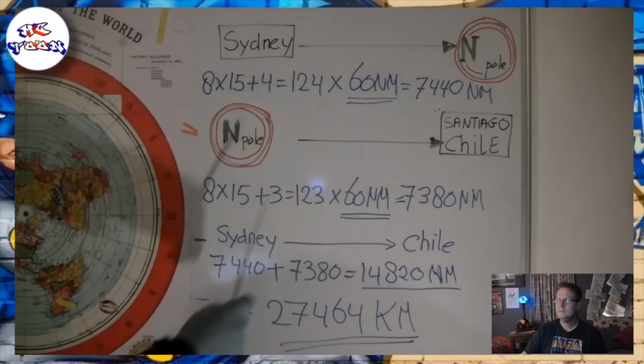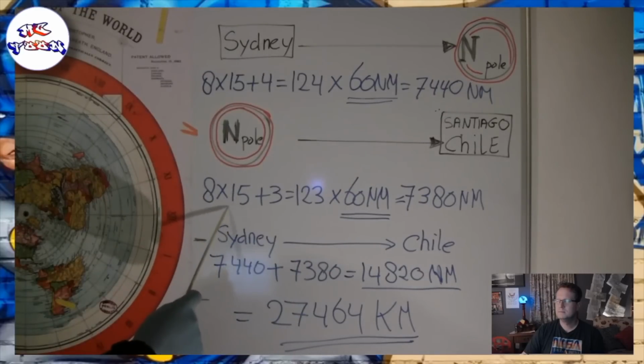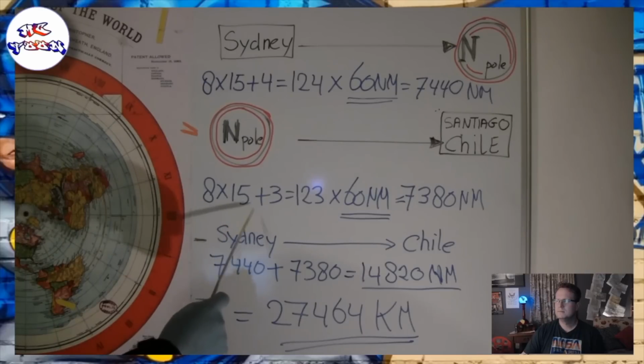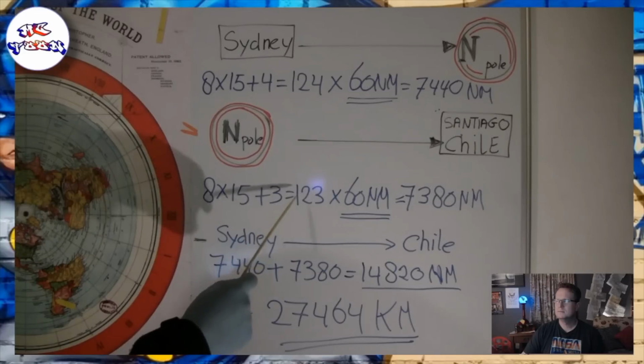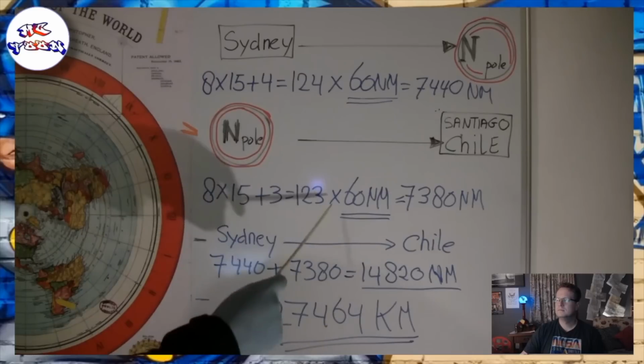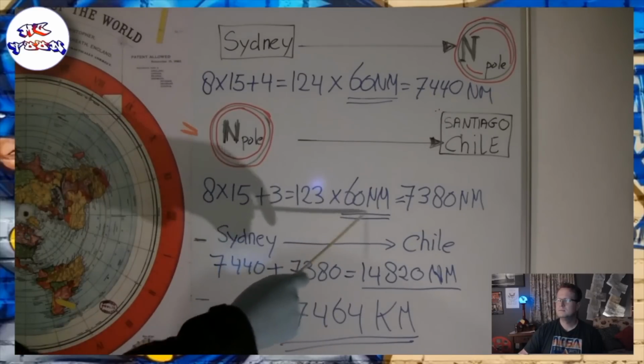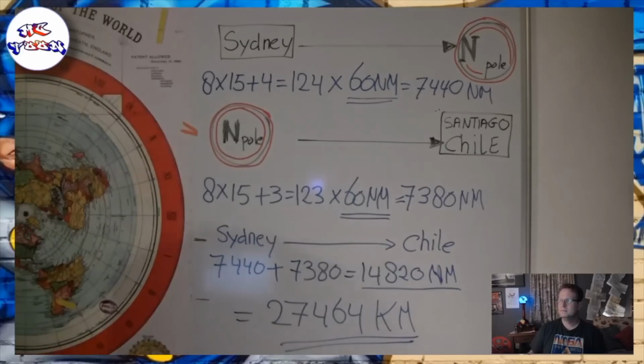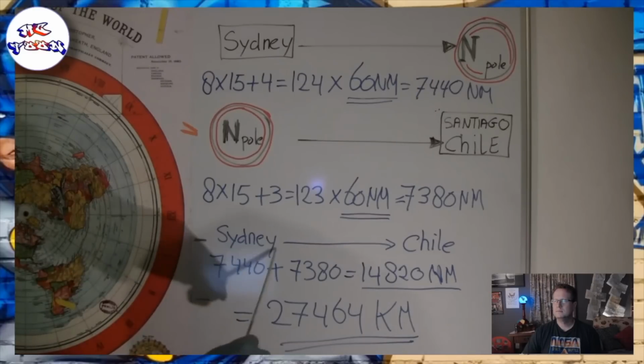The distance is 8 times 15 for the latitude lines. It's 8 times 15 plus 3 to reach Santiago. That makes a total of 123 degrees. Multiply it by 60 nautical miles and you get the real distance. That's 7,380 nautical miles.